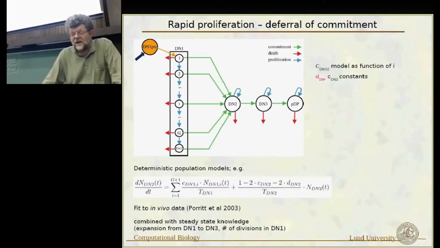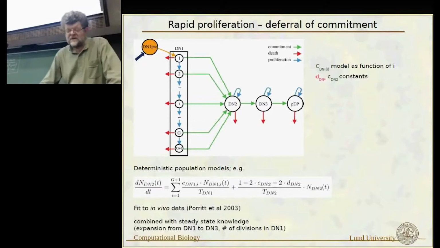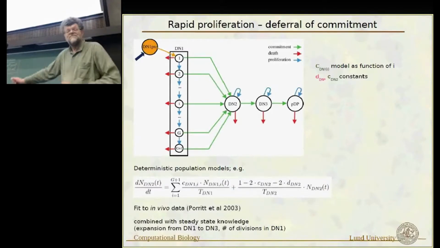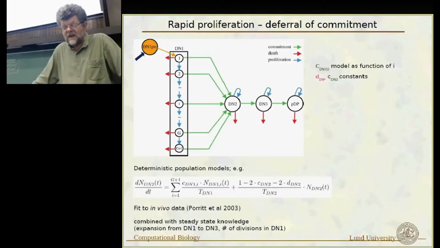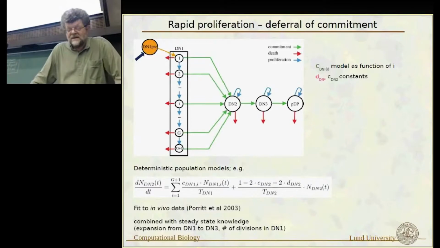I will model then the different commitments as a function of subcompartment in various ways. I would consider the death rates as constants, and I will fit to actually in vivo data.